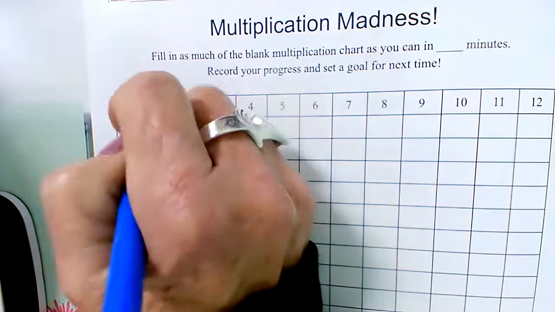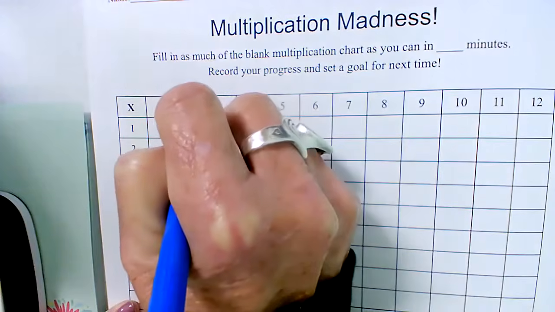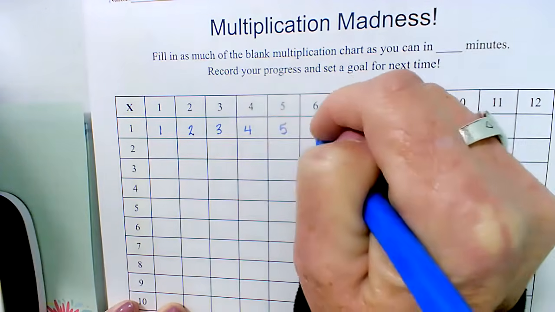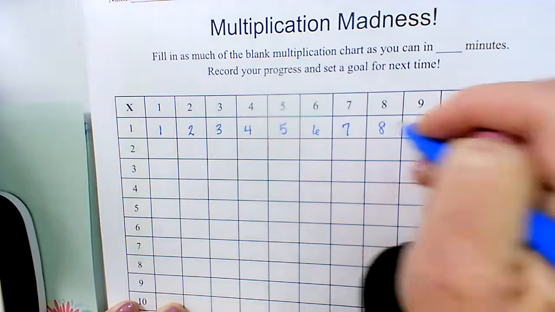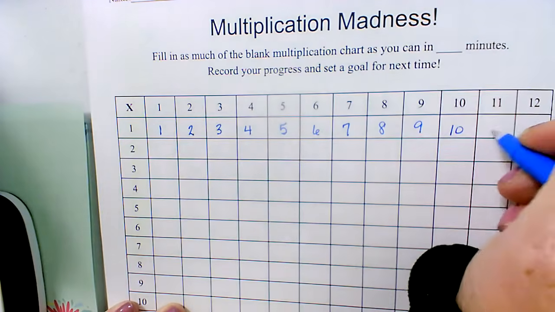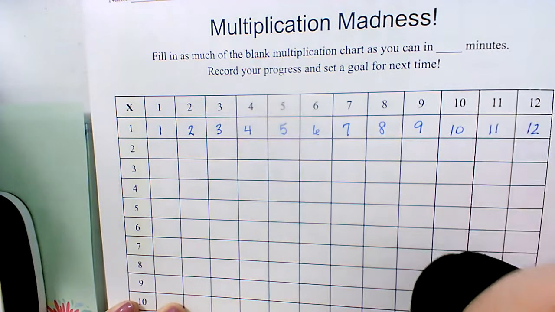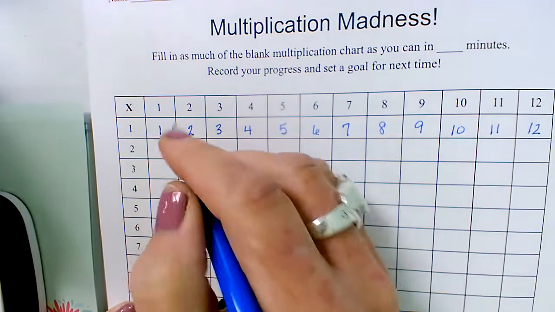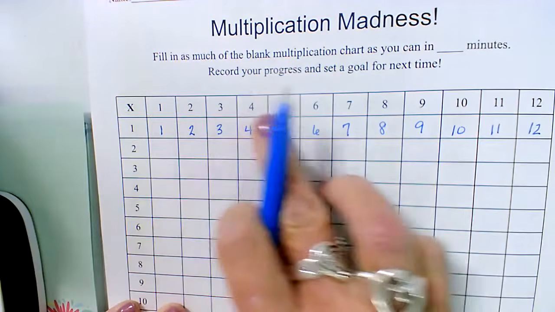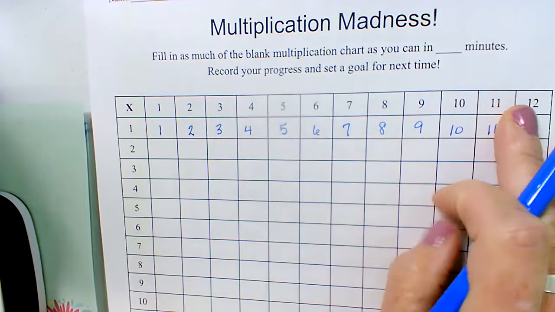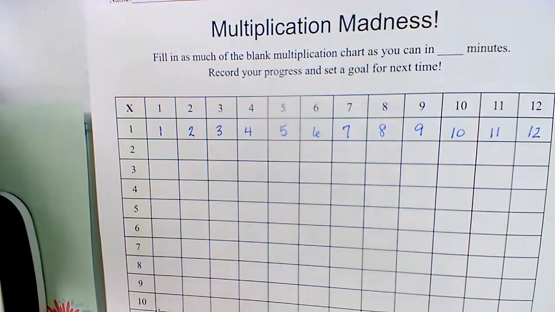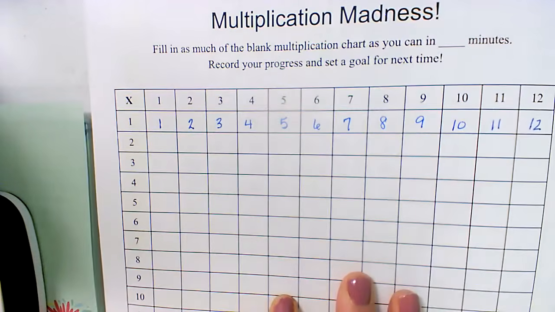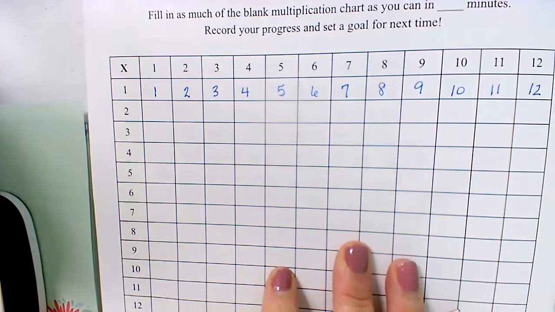So we're going to go ahead and skip count by ones to complete the first row. Then we would skip count by ones to go all the way down, because this first row across is your factor. This first row down is your factor, and everything in these squares is called the product.